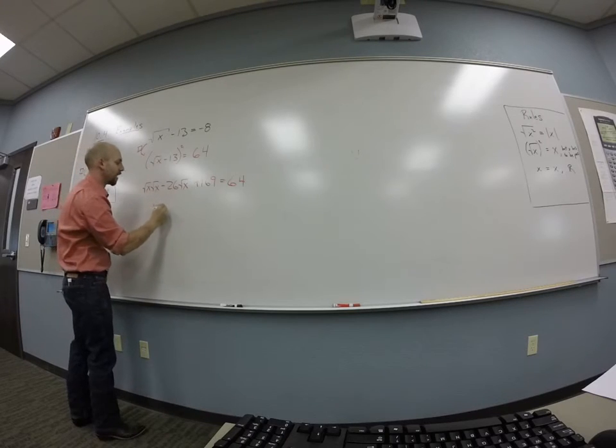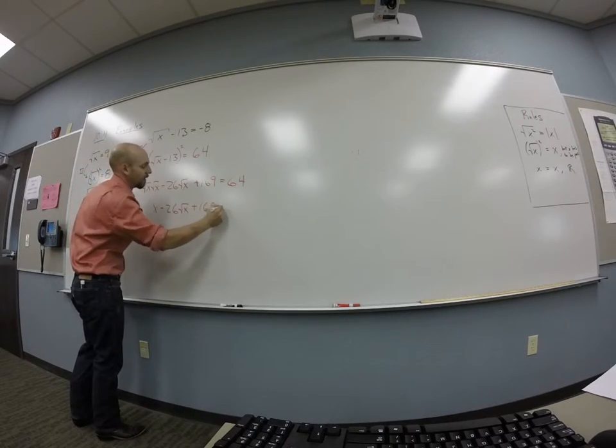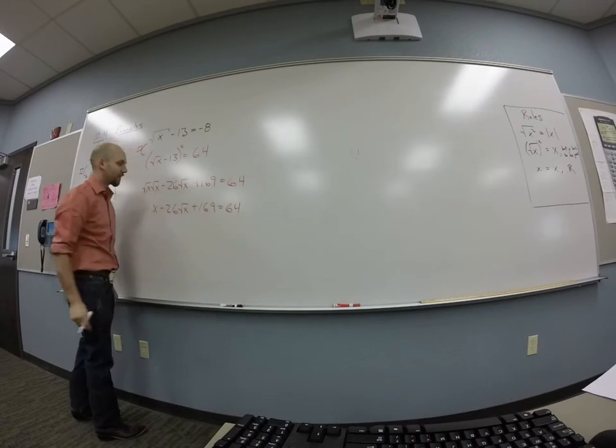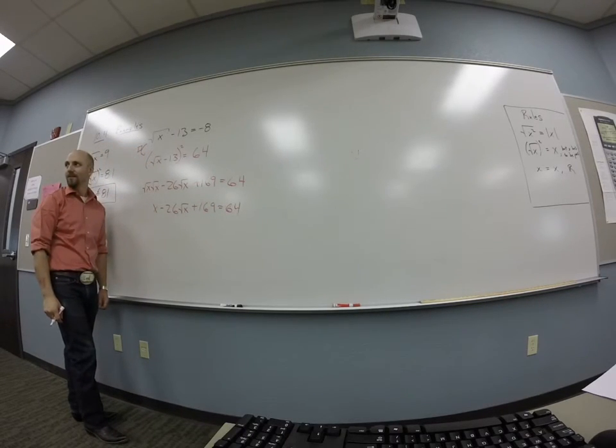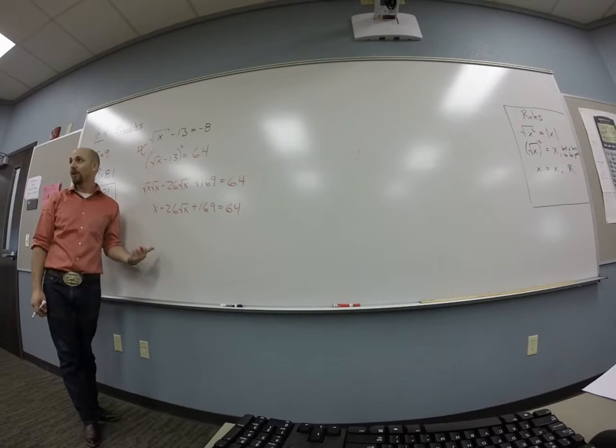And then I get minus 26 root x plus 169 is 64. Is this better? No. That looks a lot harder than what I did. Yeah, this is nasty. We could actually do the quadratic formula and get the right thing out of here, but it's horrible, because instead of having x's, what I'm doing the quadratic formula to is root x's.